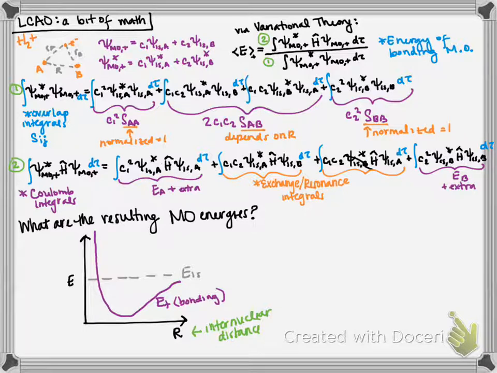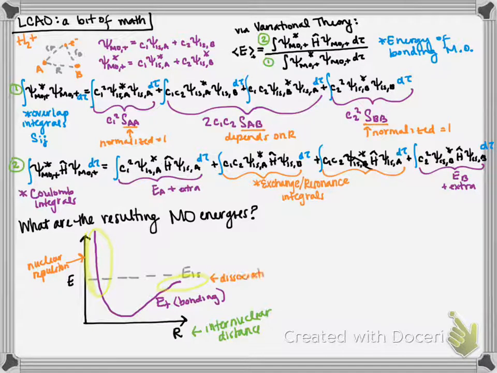And you'll notice we have some interesting features. You may be thinking to yourself, this looks a little bit like a Morse potential. It does. So over here on the left side, at small internuclear distance, we can see that we have a huge increase in energy. The energy goes up towards infinity very quickly, and this is due to nuclear repulsion.